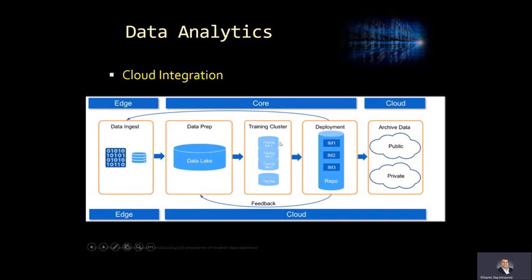In this case, they use a training cluster to take the data, and before they send it to deployment, with the repetitions of the machine learning, you can see the feedback here. The feedback is used to make better data preparation from the beginning. Usually this step requires what we call supervised machine learning.